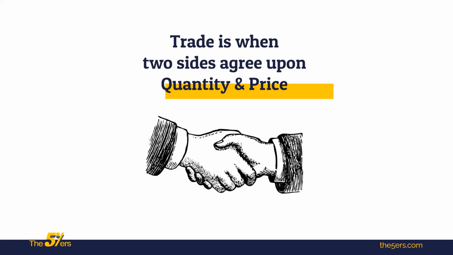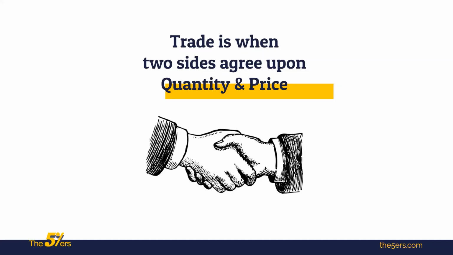We'll talk about it. Okay, so a trade in its essence is when two sides agree upon quantity and price. Every price, every tick that you see in the market, and every deal that you see in life, whether it's buying tomatoes, buying real estate, or buying a financial contract, it's about two sides.